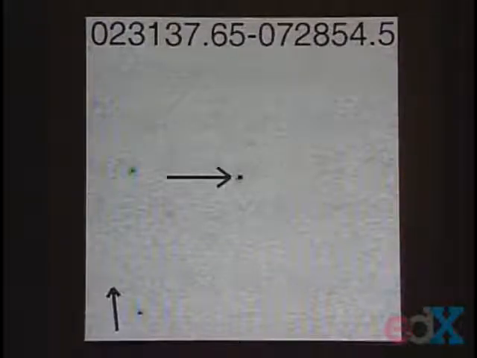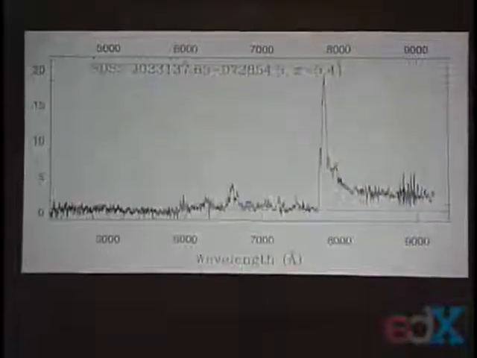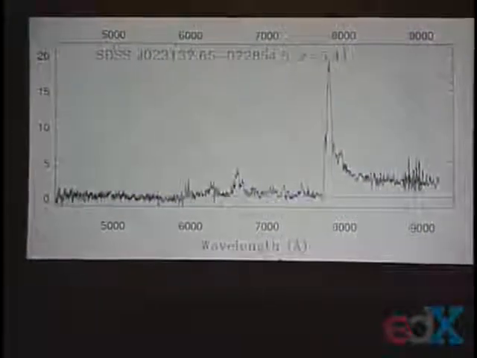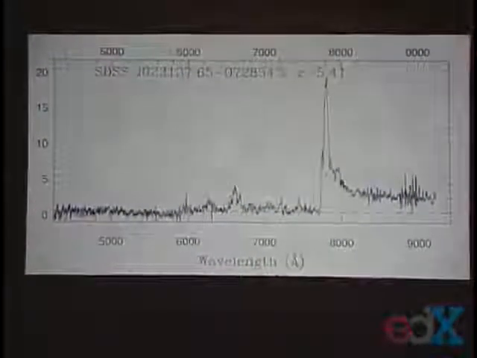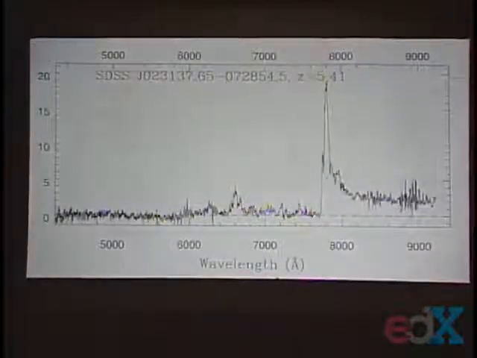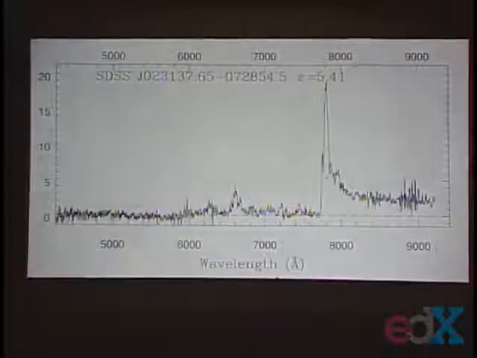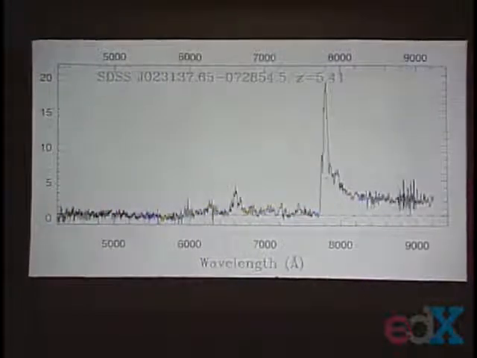And now comes the spectrum from this object in the next slide. This was published last year by Scott Anderson and his co-workers, University of Washington in Seattle. I have collaborated with Scott on many projects. So here you see the spectrum of that quasar that you just saw.